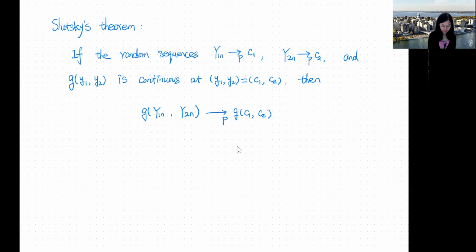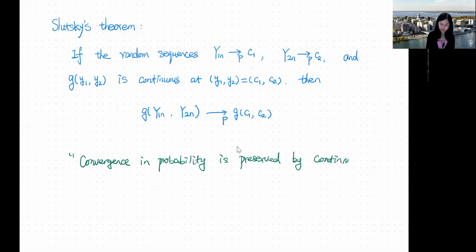So in words, it means convergence in probability is preserved by continuous transformation or continuous functions.